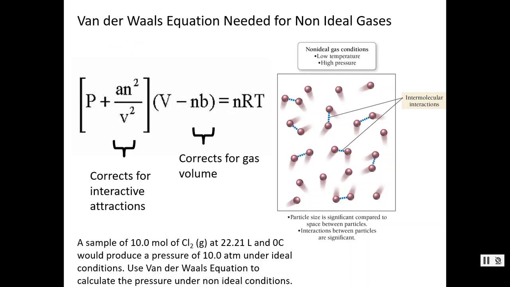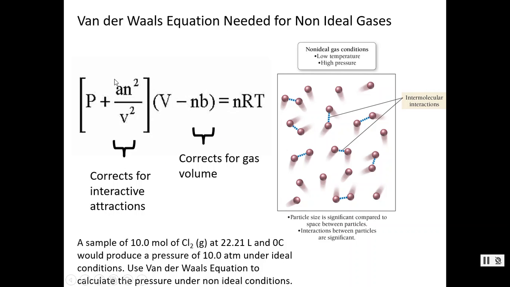He derived an equation that looks pretty similar to PV equals nRT. You see a lot of similar variables: nRT over here, a P here and a V here. Essentially, what the van der Waals equation does is add two correction factors that are needed for non-ideal gases.